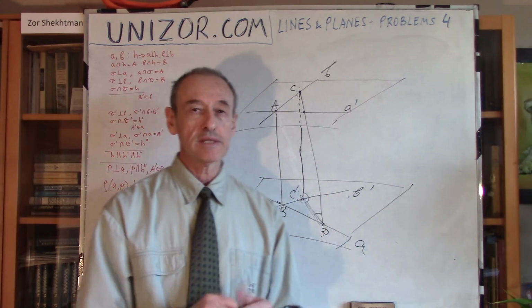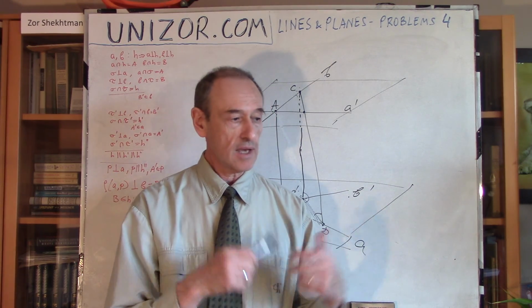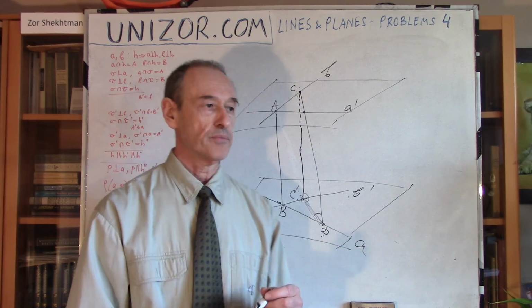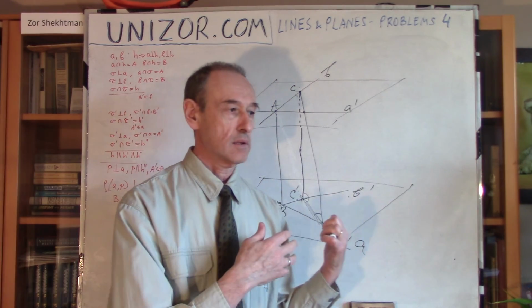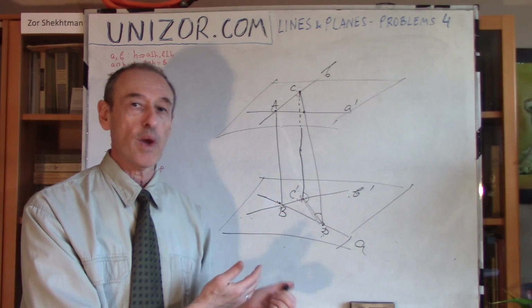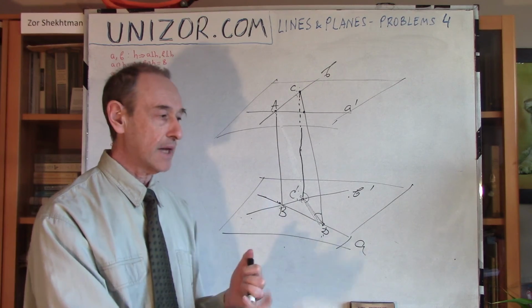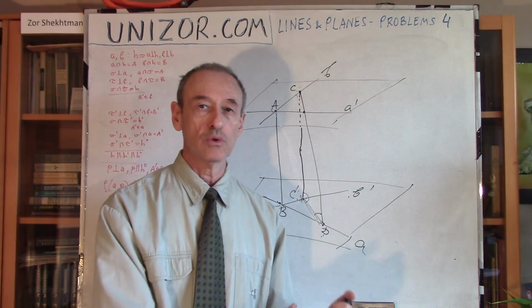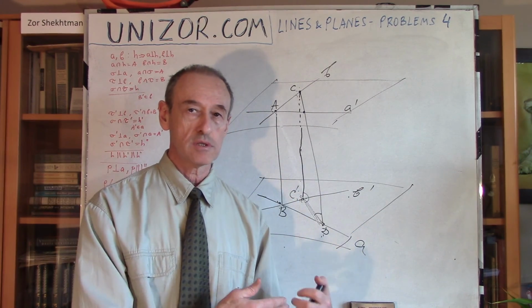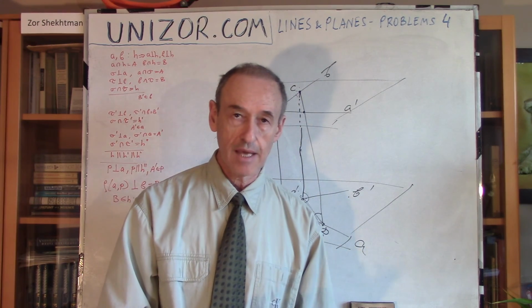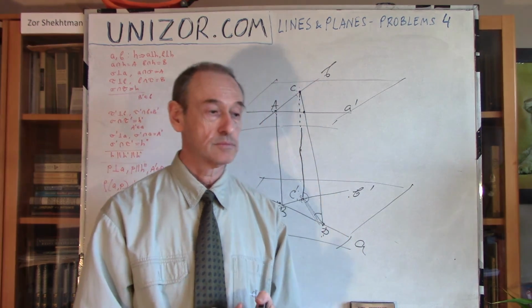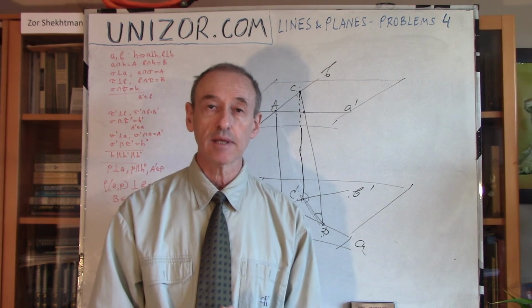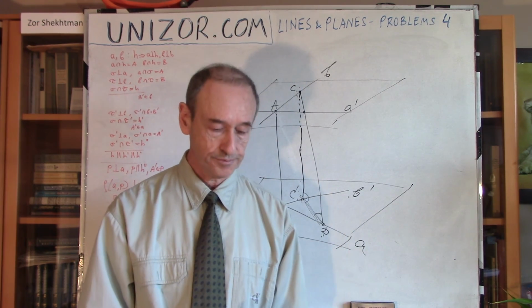So that completes the whole problem. As you see, I have spent a lot of time actually first analyzing the problem, then offering two different ways to solve it, and finally I had to prove that these two different approaches result in the same common perpendicular. That's the complete solution.